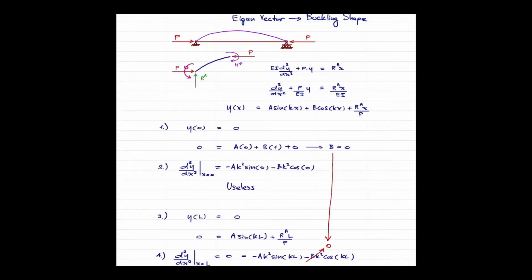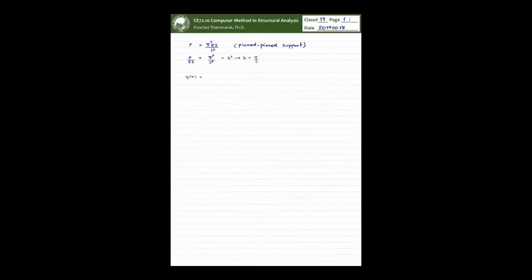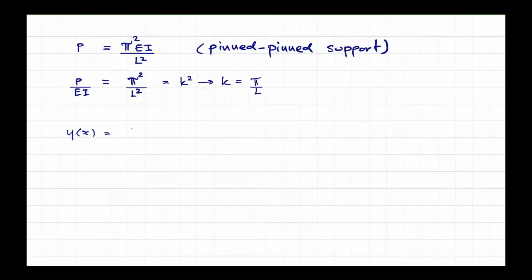So you get B equals 0, alright? And the other constant is 0 too, so you get A sine kx, and k equals pi over L, and then multiply by x.